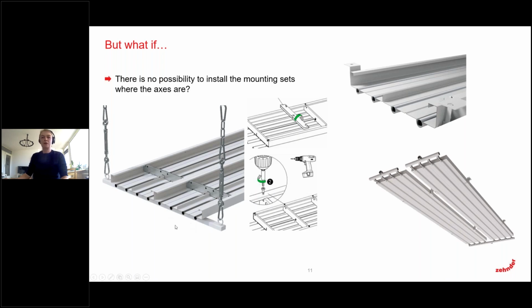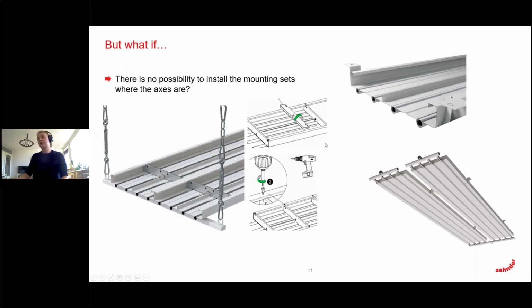Another possibility to do this is this kind of solution. We call it a swing because the panel is sitting on top of it, and this can also be moved around.